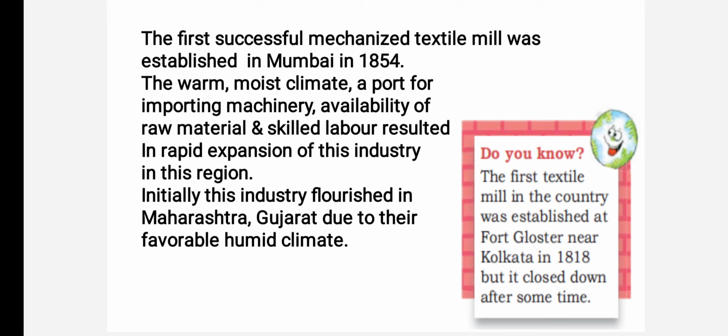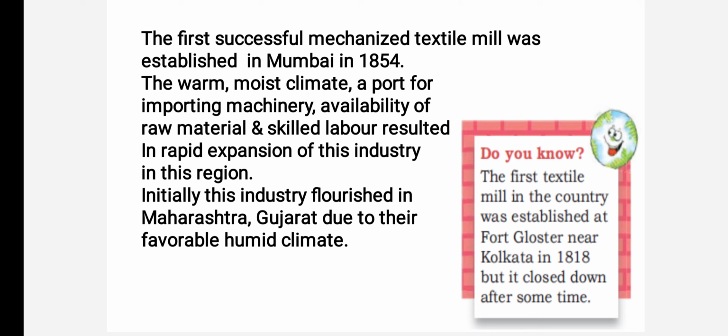Initially this industry flourished in the states of Maharashtra and Gujarat because of the favorable humid climate. At the very beginning, first Maharashtra and Gujarat, then afterwards it spread to the remaining parts of the country. You know why? Humidity can be created artificially. To weave cloth you need humidity, a moist climate.